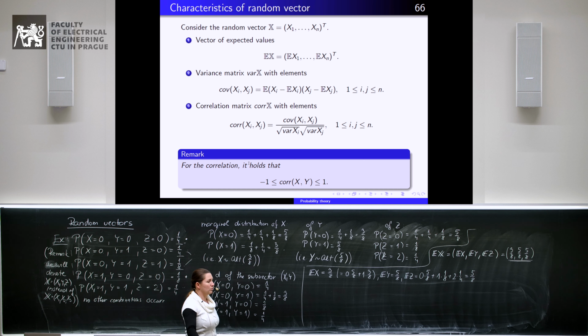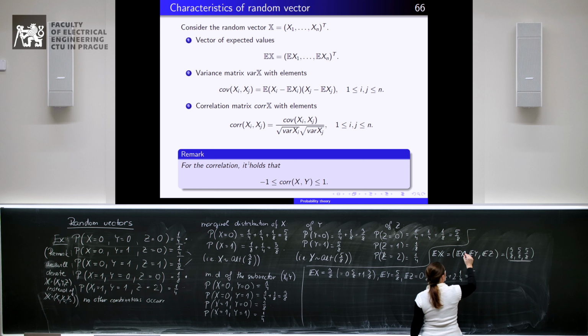It will be also considered in this case, but because we have the vector consisting of many random variables, and we are interested in their mutual relationship, we will include this variance to a more complicated structure called variance matrix, or sometimes it is called covariance matrix.